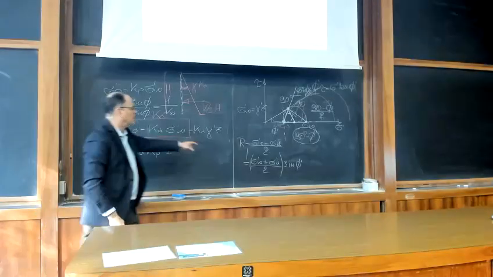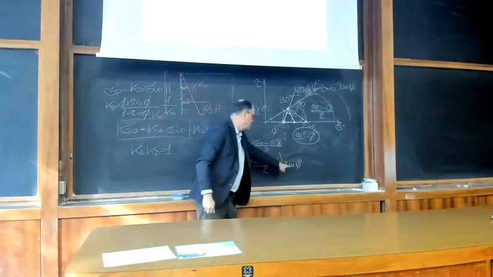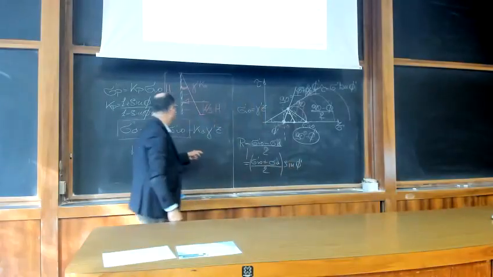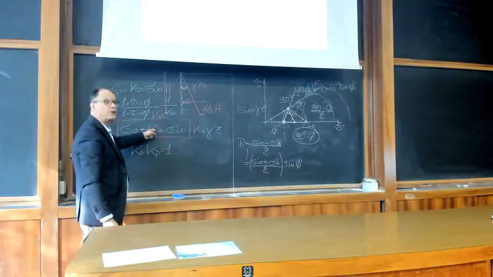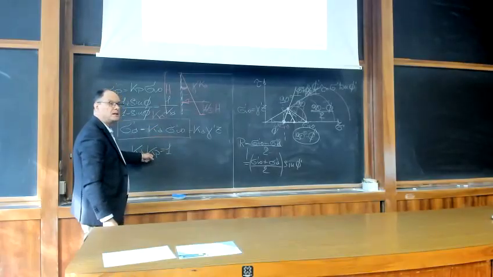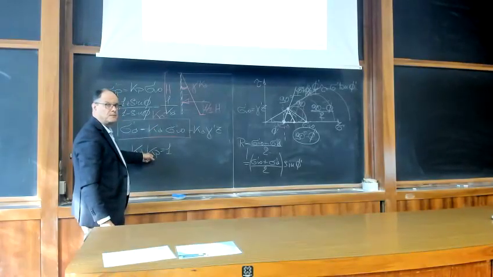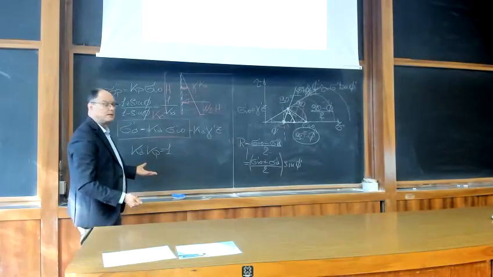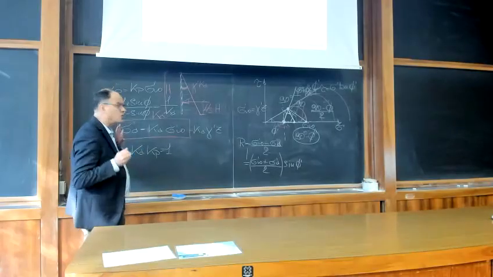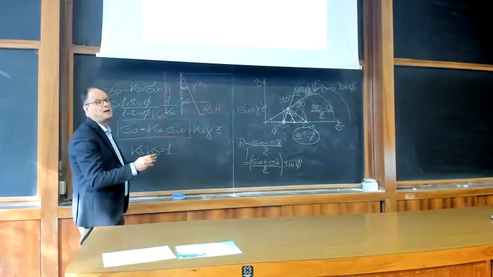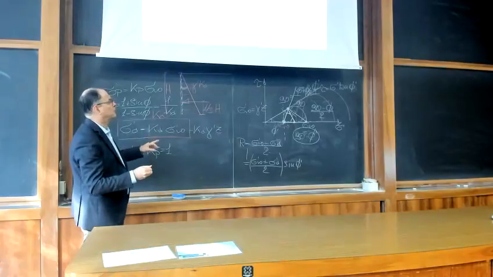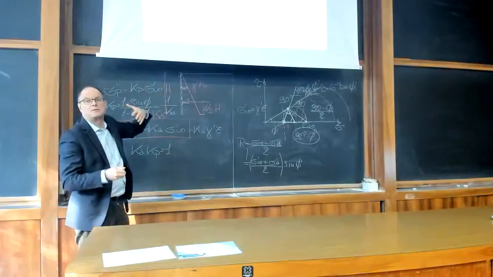For a phi equal to 30 degrees, you can see that Ka is 1/3 and Kp is 3. So it's 9 times greater than Ka. The passive horizontal stress is much greater than the active pressure.